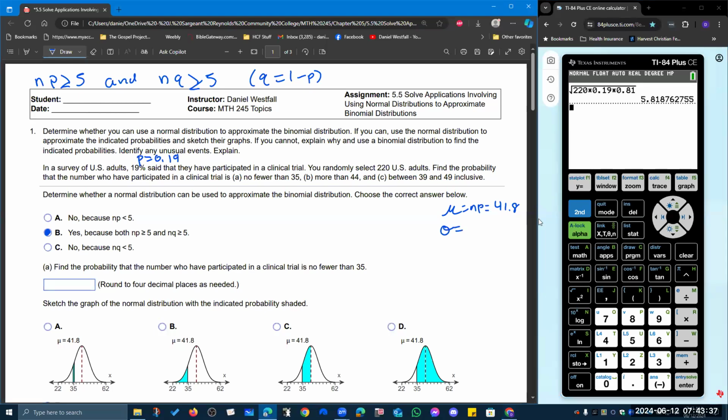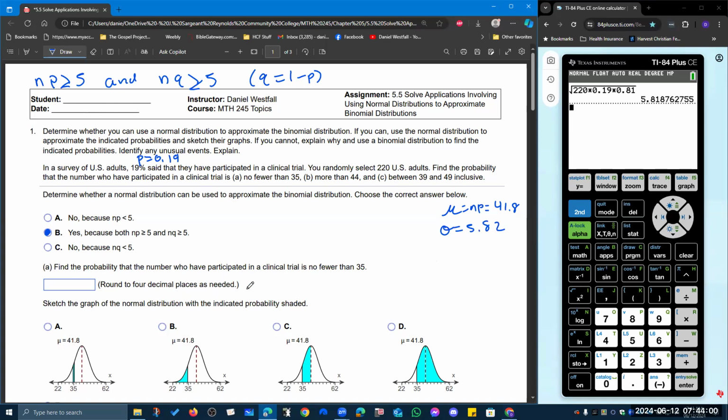Let's round that to a couple of decimal places, 5.82, and we'll use that more exactly when we get these numbers.